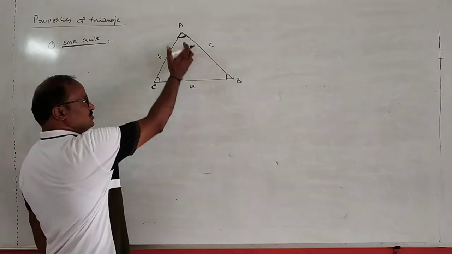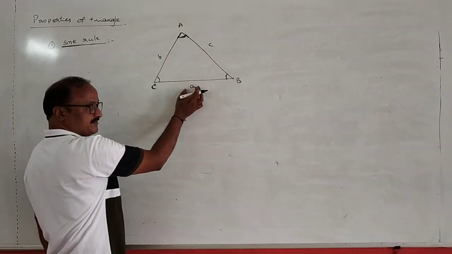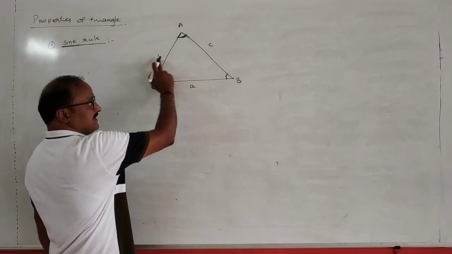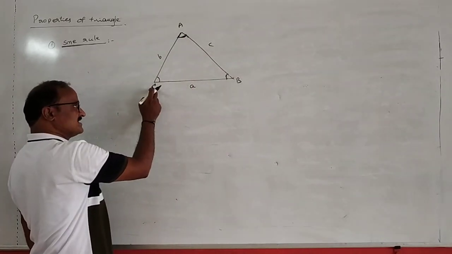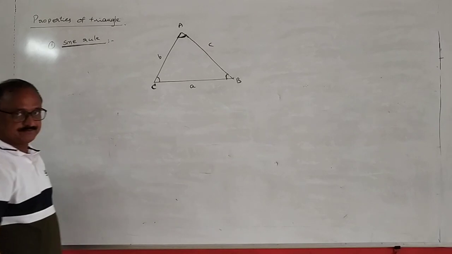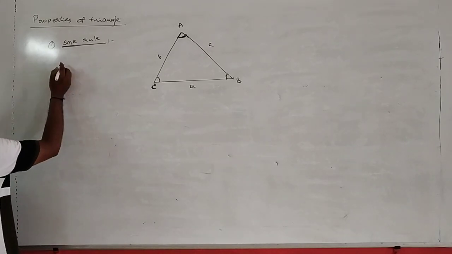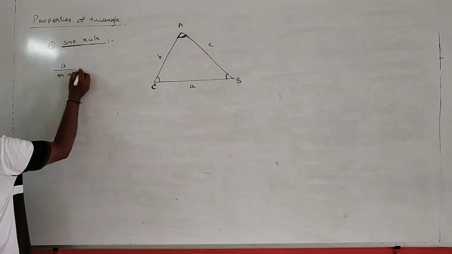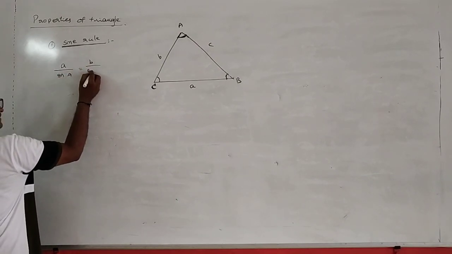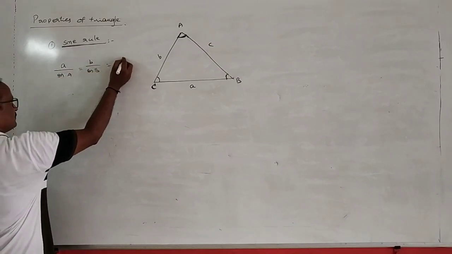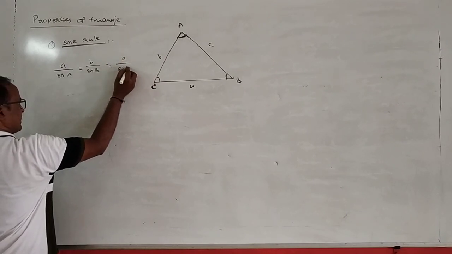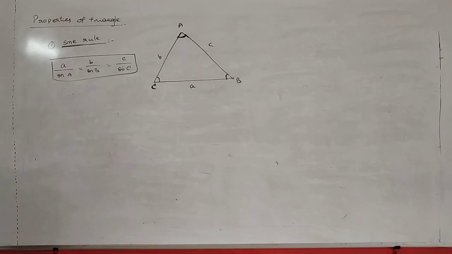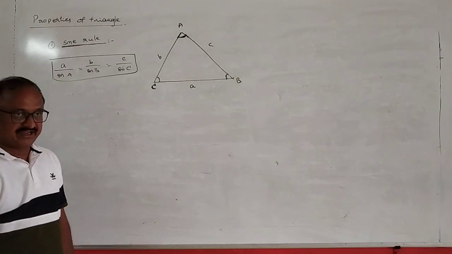Length of this side opposite to angle A is equal to small a. Length of this side opposite to angle B is equal to small b. Length of this side opposite to angle C is equal to small c. According to the sine rule, remember that a by sin A is equal to b by sin B is equal to small c by sin capital C. Capital A, capital B, capital C are the angles of the triangle.